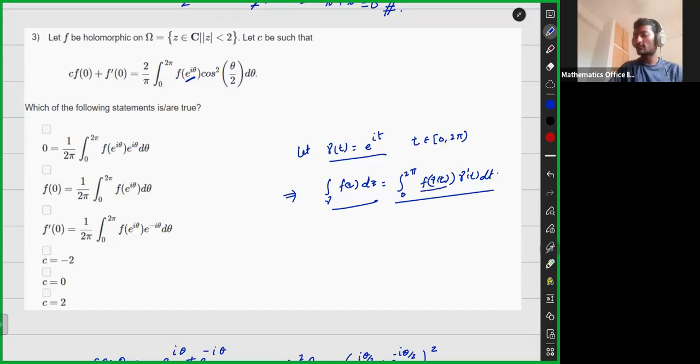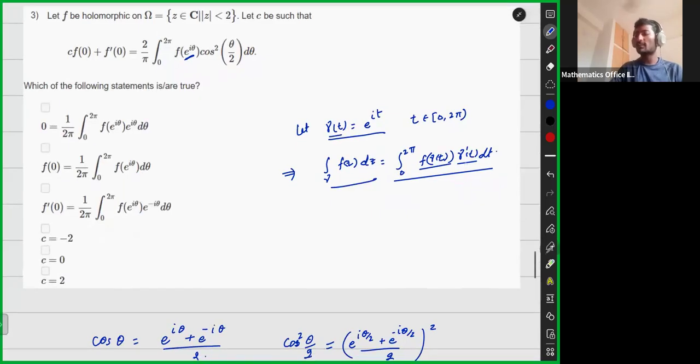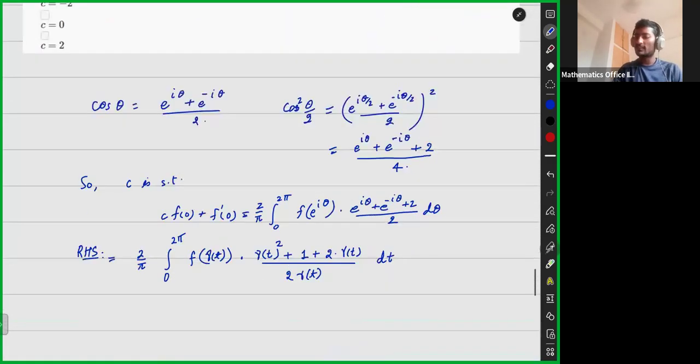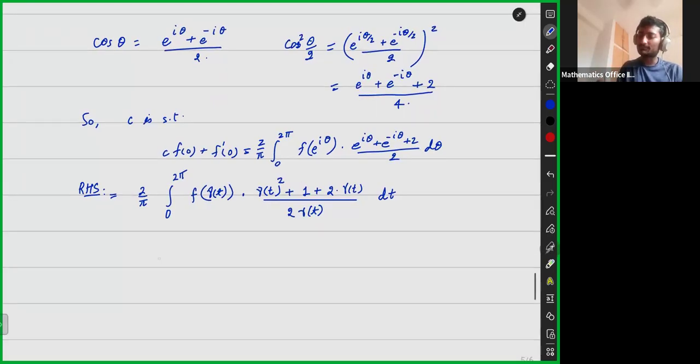some f(z) should be here and then gamma prime t should come. We know that gamma t is this, so gamma prime t should be e power i t only. So gamma prime t will be i into e power i t. Where e power i t is given, it is to be multiplied up and down by i. So this 2 gets cancelled with this.